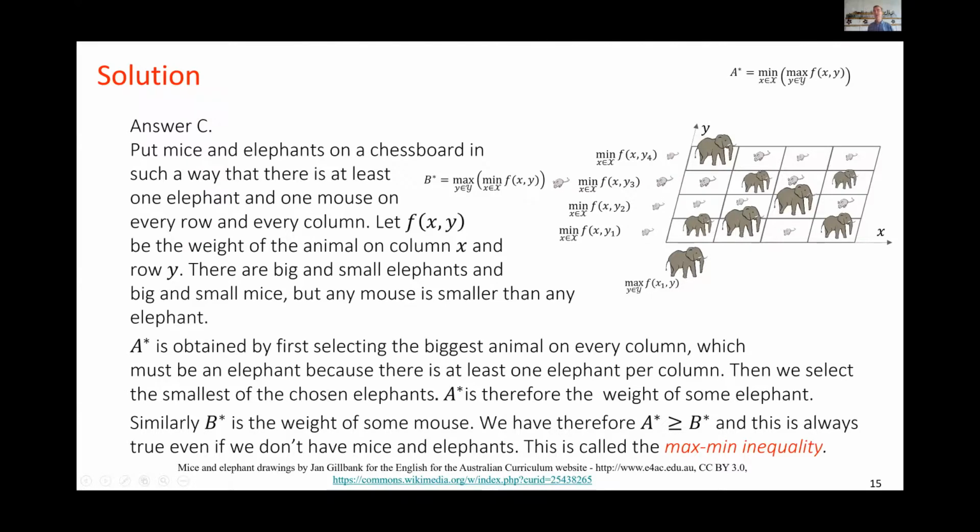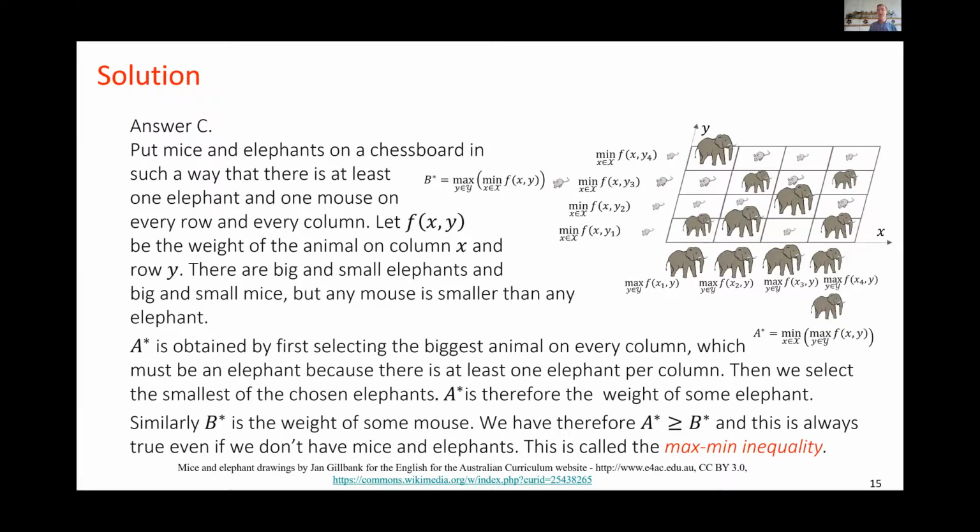If I do the same by changing the order, I fix x and I take the max over y. So over the first column, what is the largest animal? It's the largest elephant, and I always obtain an elephant, small or large, depending on the size of the largest element. And then I take the min of all these.